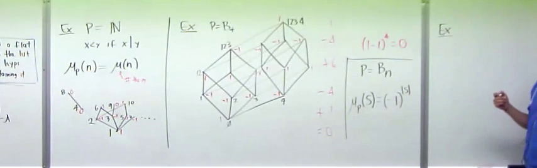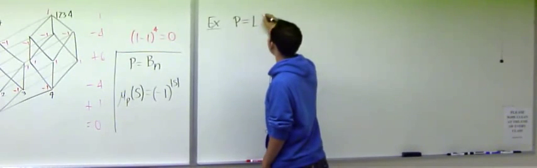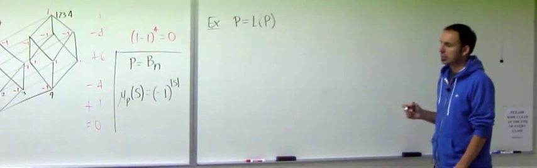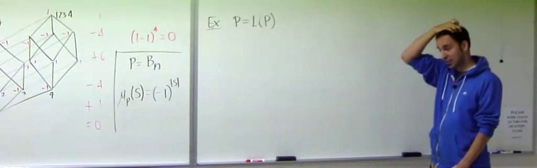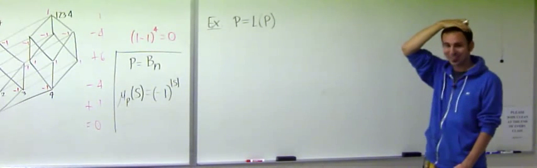I defined posets for you because we wanted to talk about the face lattice of a polytope. P equals the face lattice of a polytope. Okay? So let's do this for, what's a good one? Permutohedron?